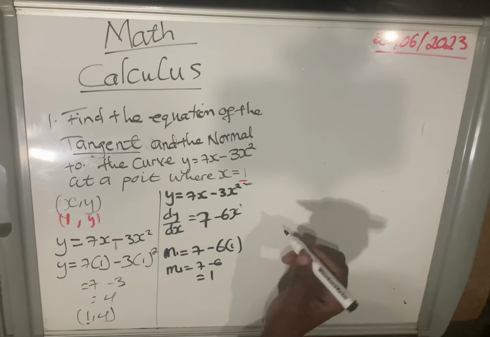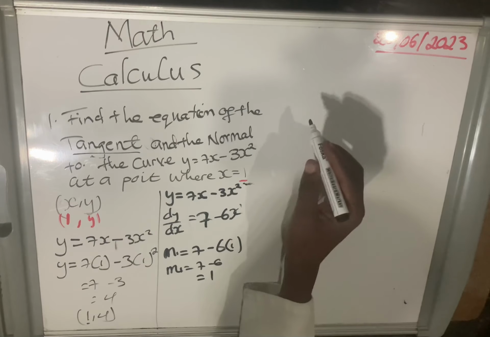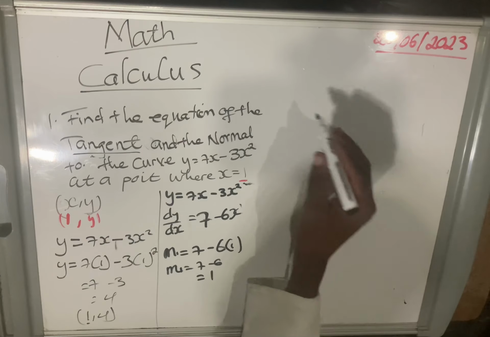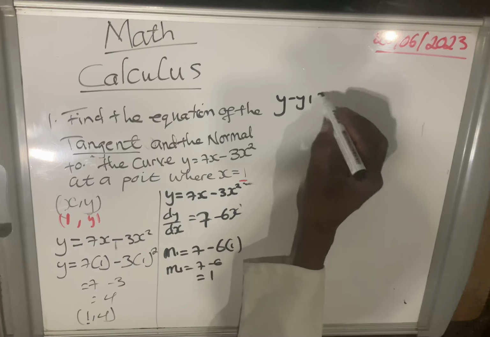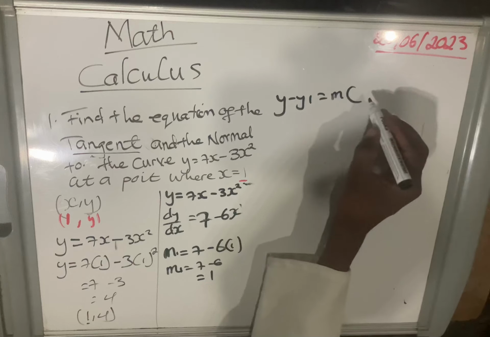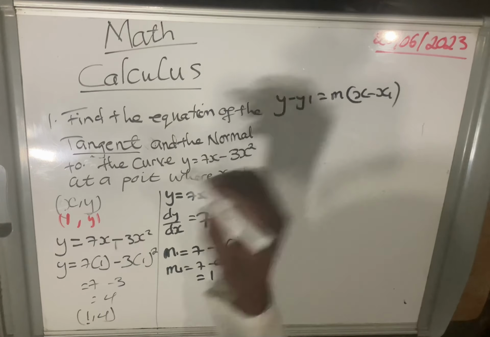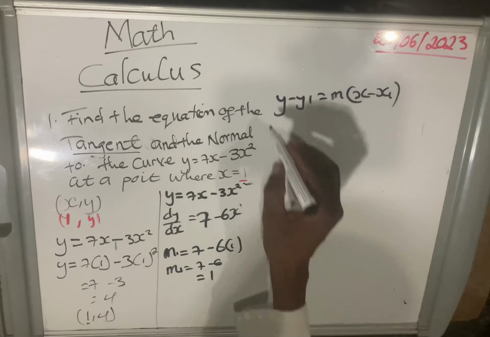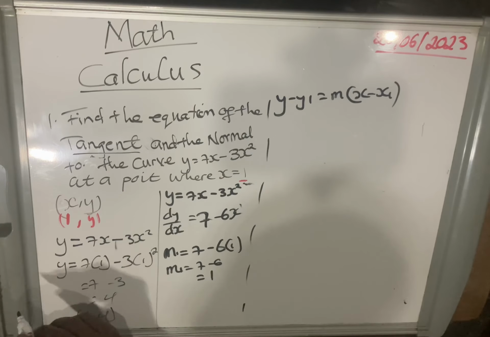The common equation which is mostly used to find the equation of the tangent or equations of straight lines is y minus y1 equals gradient open bracket x minus x1. So this is the common equation which is used in calculating equations.